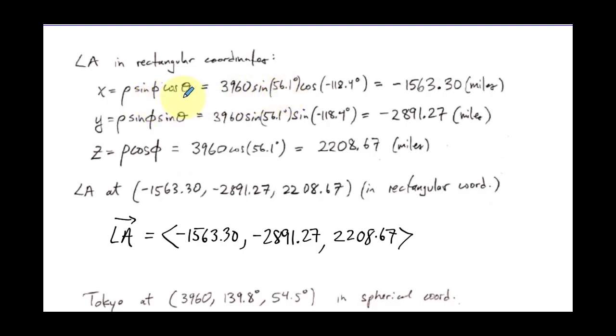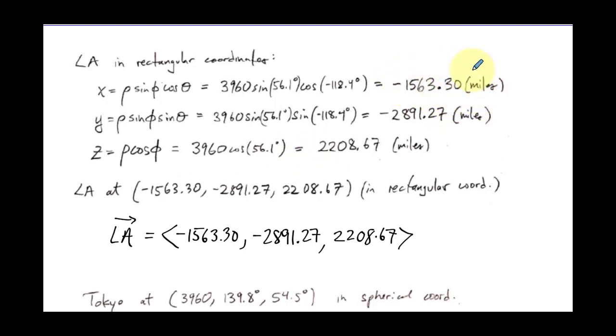And theta, that was the longitude, but because it was west, it's negative 118.4. Type all that in the calculator and you come up with negative 1563.3.